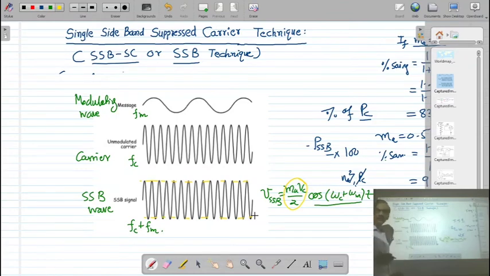So we have to use another technique, and the circuit is going to be complex. Correct? So remember, that the SSB wave's amplitude remains constant, and that wave will also have only a single frequency, either fc plus fm or fc minus fm.